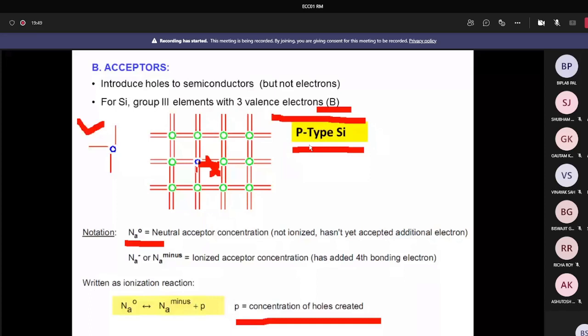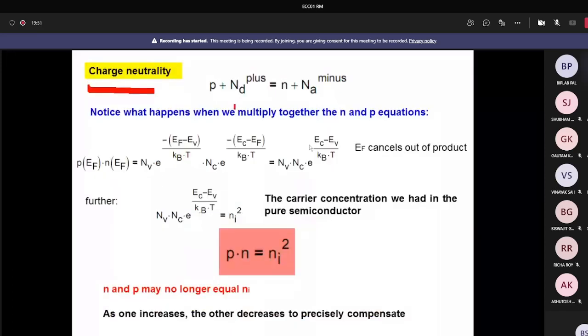If you have P plus Nd plus equal to N plus Na minus, that should be maintained in any system. Also, if you see the P and N concentrations using these equations, again it shows that P into N is equal to Ni square.